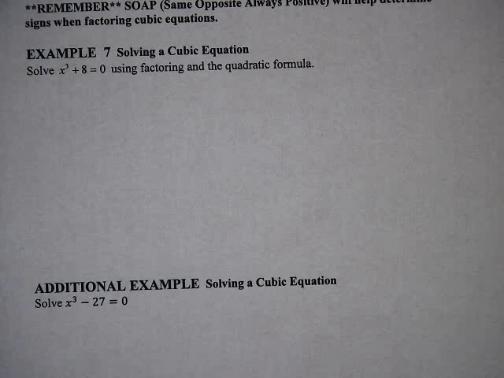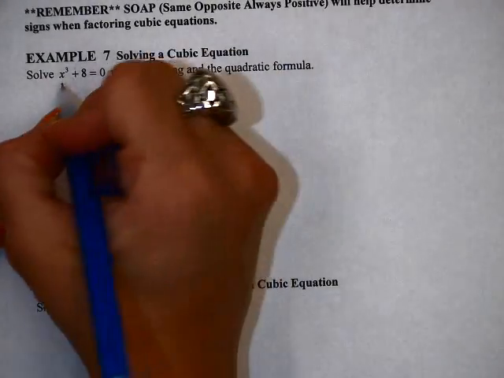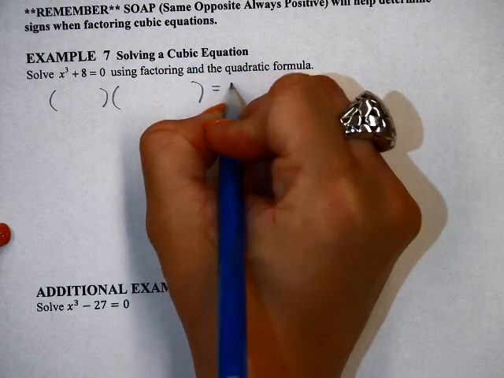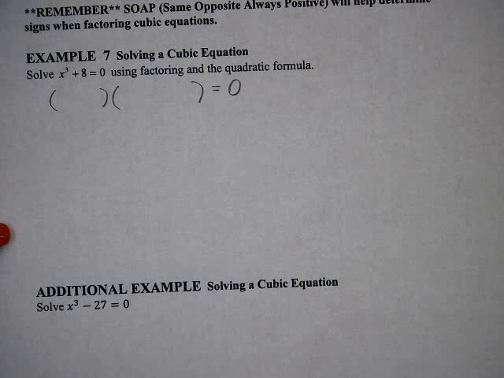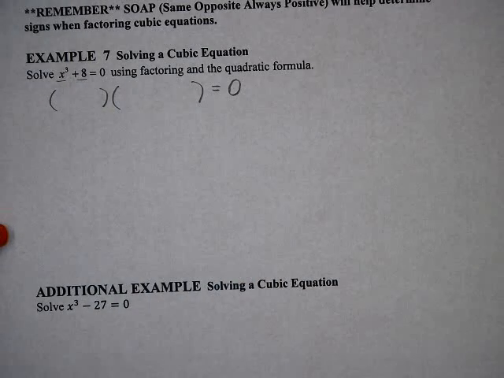So the first thing that you want to do is factor this cubic equation. Remember that when you factor a cubic equation, you have a small parentheses and a big parentheses. In that small parentheses, you're going to take the cube root of each term in your cubic equation.